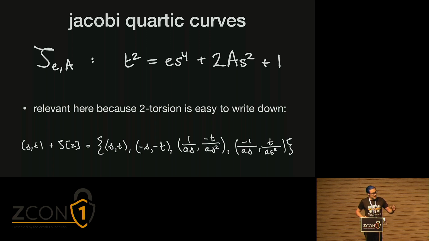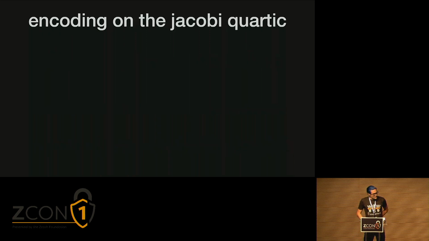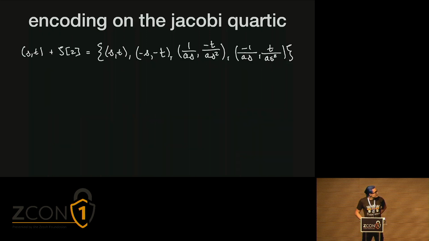We can say if we have a point S and T, what are all the points that are S and T plus some point of small order? And that has a very nice compact description that doesn't seem quite meaningful yet, but what we're going to show you is that you can use this to define an encoding on that Jacobi quartic.